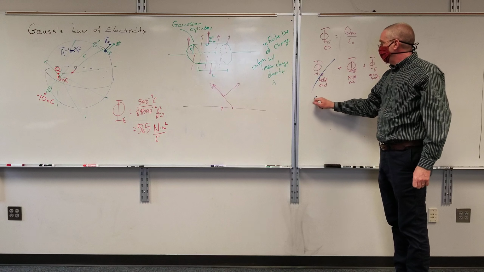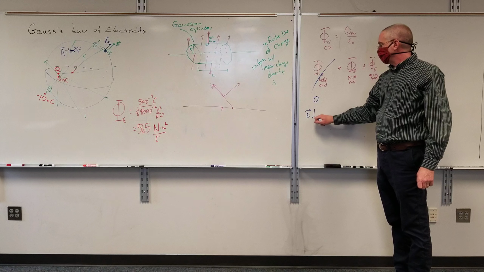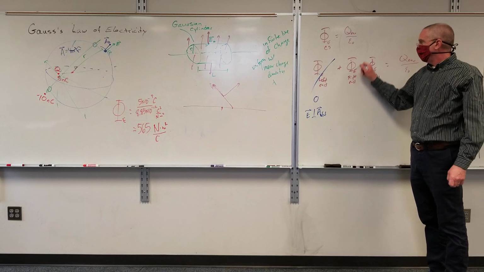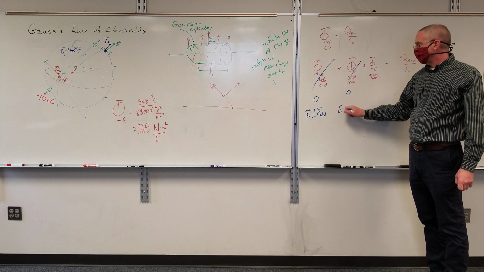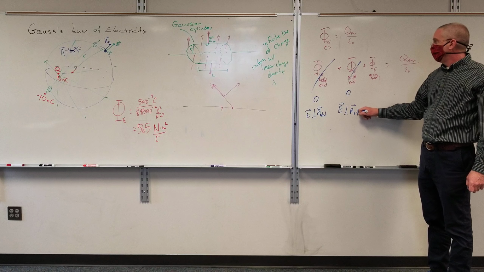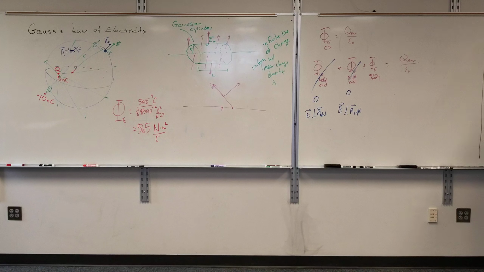So that's 0 because my electric field is perpendicular to the area vector for the left side. And that's 0 for the same reason for the right side. So all I'm left with is the electric field around the main body. Which is convenient because at this point right here, what's the direction of the area vector?